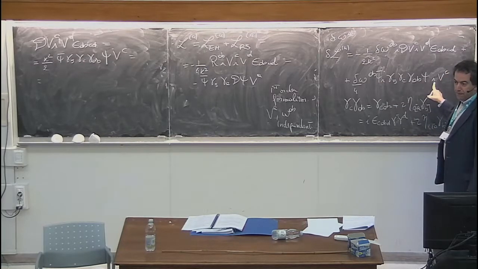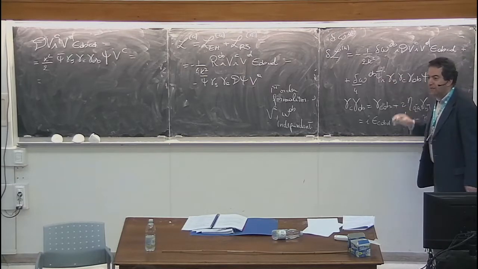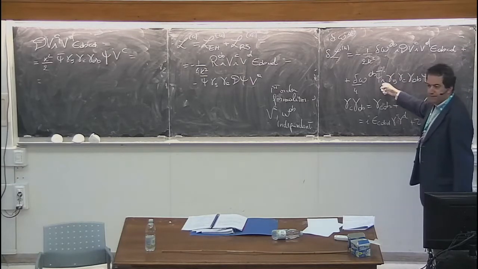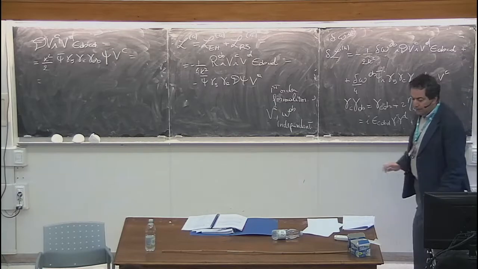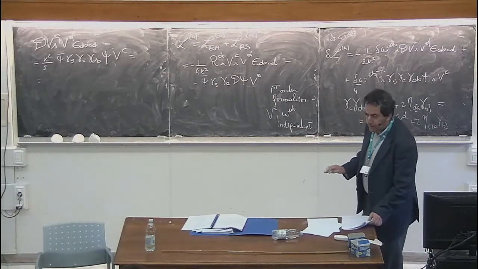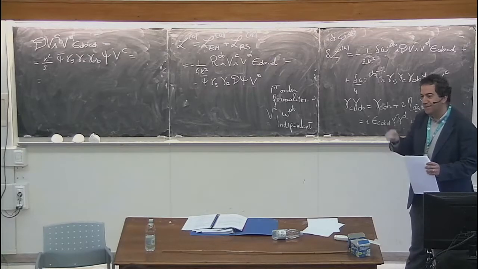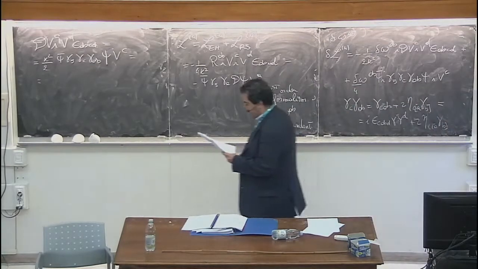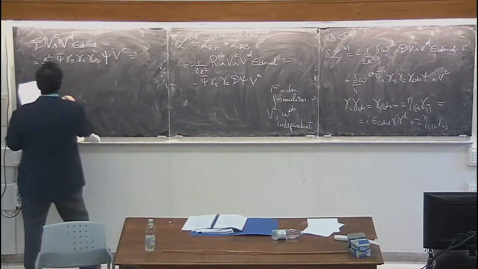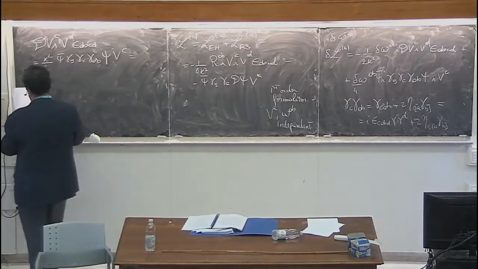Sometimes in writing expressions containing more forms, I may skip some wedges, but it's important to write them. From now on I will neglect all wedges and leave it to you as an exercise to put them in. Okay, good.